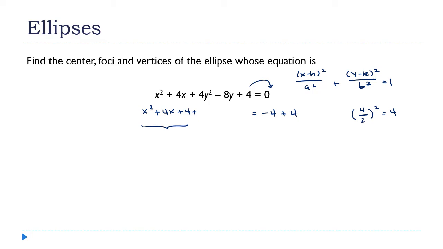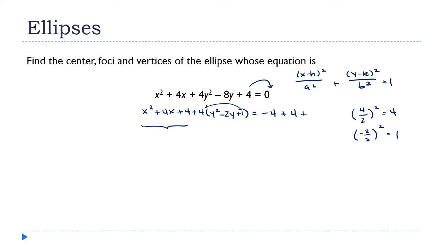Let's just factor out the 4. Make this 4 times y squared minus 2y. Now let's see what we're going to add. I'm going to do minus 2 divided by 2 squared. That's 1. And remember, I didn't add 1, right, because of this 4. I really added 4 times 1 to the right side.